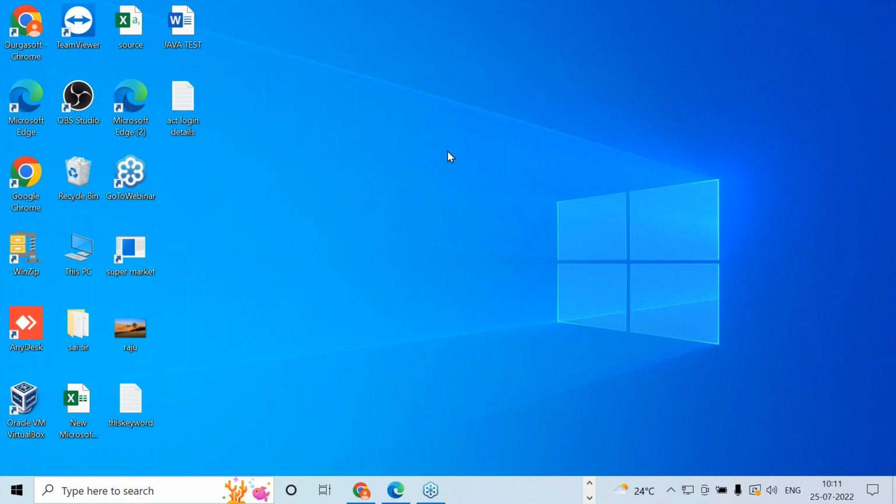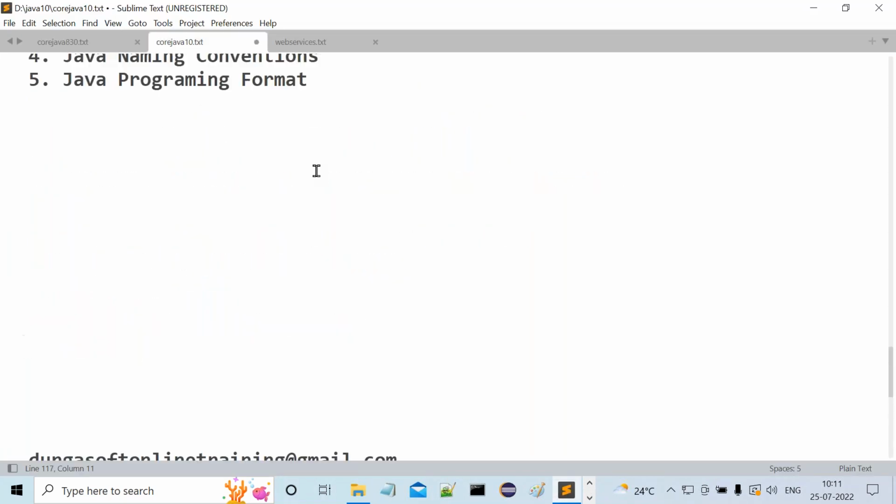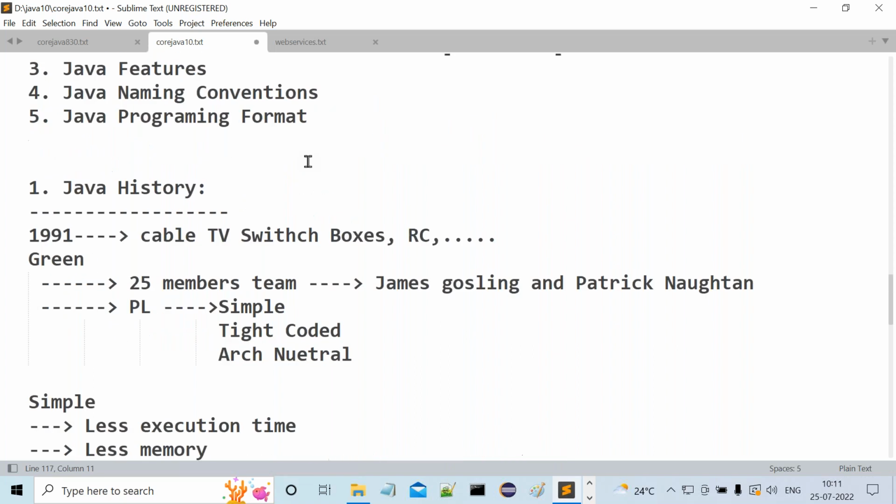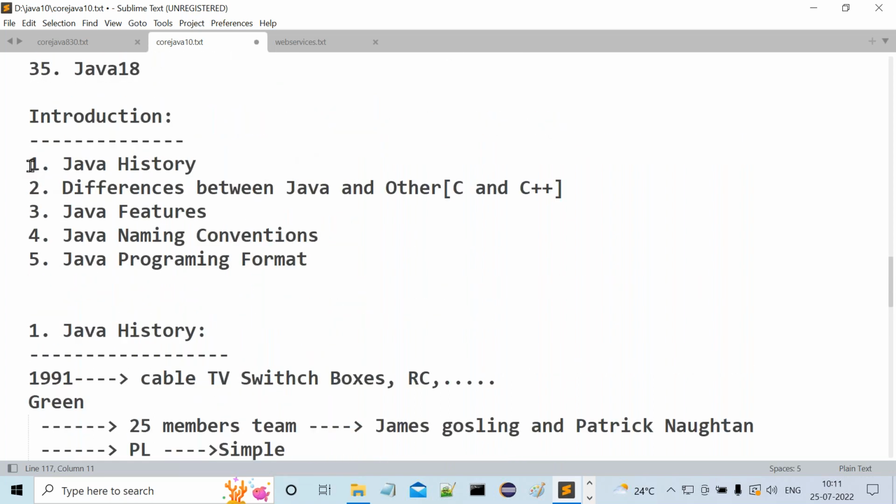Let's check what we completed in the last session. Any idea? We started the introductory part, the introduction on the Java programming language, and Java history.